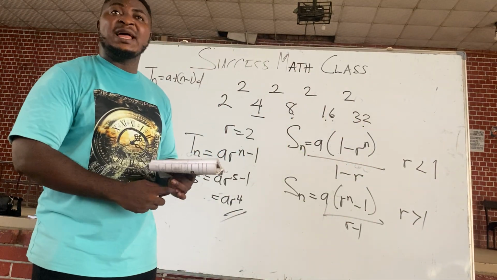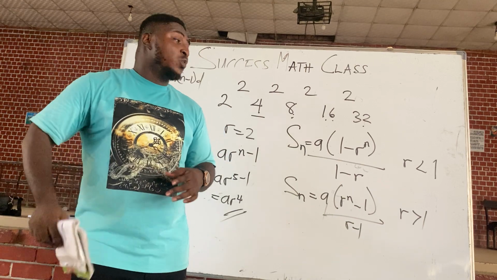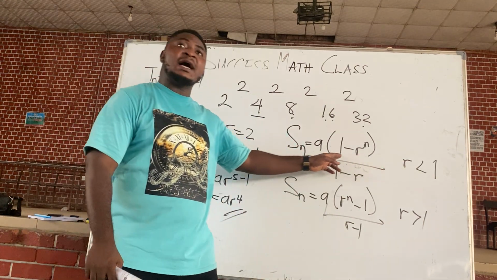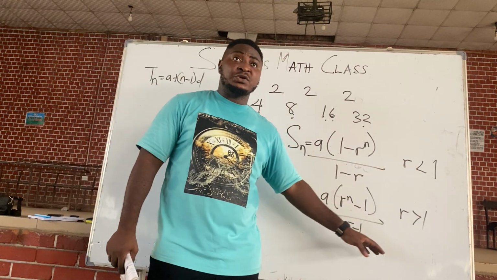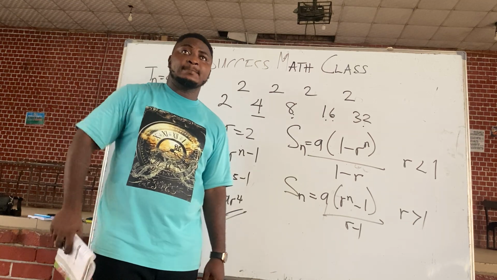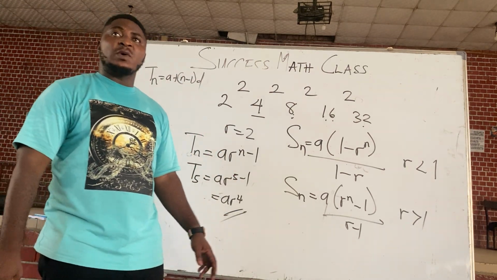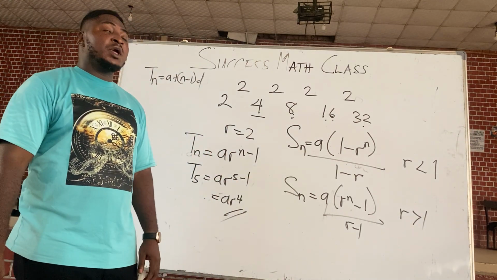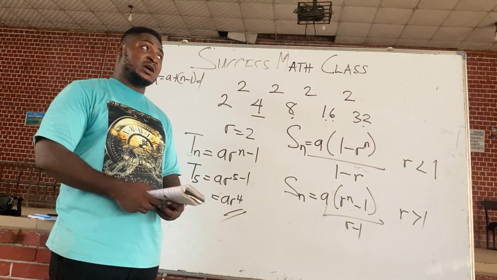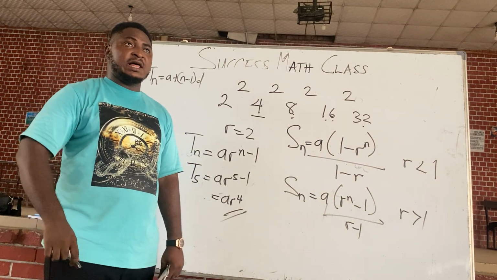Class, we have two formulas for sum of n terms of a GP. When your common ratio is less than 1, you use the first formula. When your common ratio is greater than 1, you use the second formula.